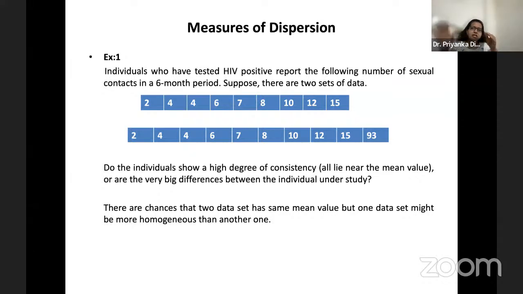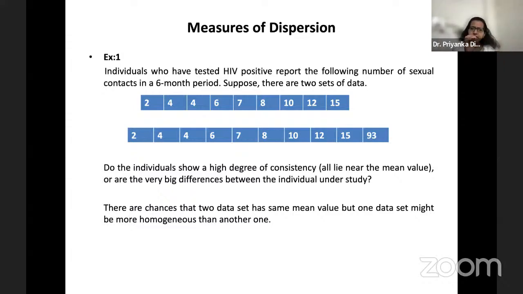If we compare these two data sets, we can clearly say that the variation present in data set 2 is more compared to data set 1, isn't it?